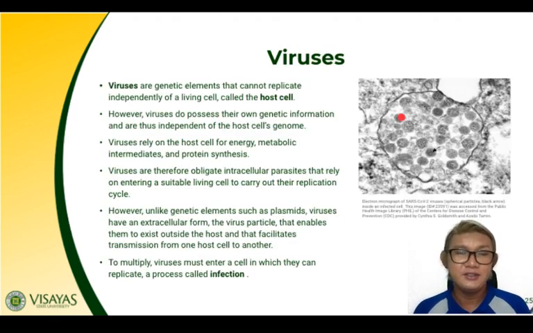So viruses are genetic elements that cannot replicate independently of a living cell, which is called the host cell. If you take viruses out of a cell, it will only take a few hours or days for them to die. They cannot survive outside the host cell because, again, they do not have that characteristic. They cannot independently live on their own. So here is an example of a cell which is infected with SARS-CoV-2, the virus that is causing COVID-19.